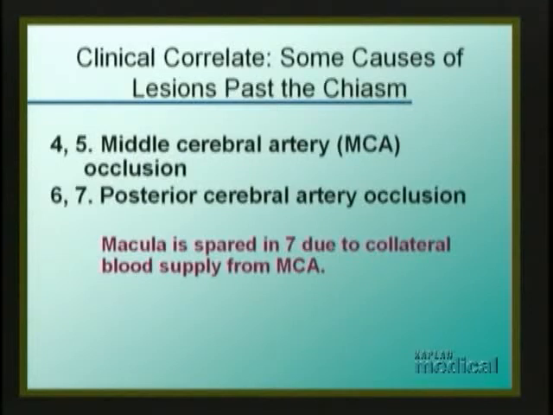Typically, the more posterior aspects, and particularly the non-Meyer's loop fibers at number 6, are probably irrigated more effectively by the posterior cerebral artery, and certainly primary visual cortex at number 7 is irrigated by the posterior cerebral artery. But recognize intracortical lesions only, as we indicate here, are going to be seen with macular sparing due to a collateral blood supply available to primary visual cortex from the middle cerebral artery.